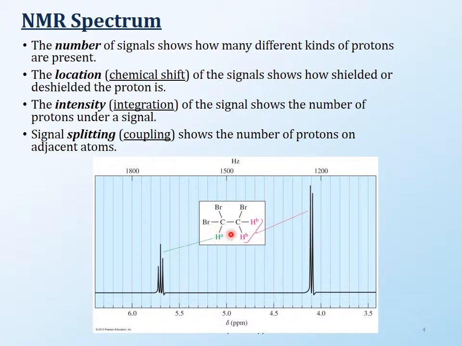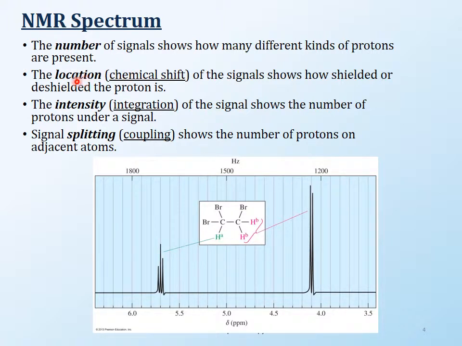So there are two different kinds of protons. The two pink ones are both the same because they're in the same environment, because this single bond can be rotated. So at any given time, these two protons will be in the same environment. That will give us the number of signals that you see, which will be 2 in this case.